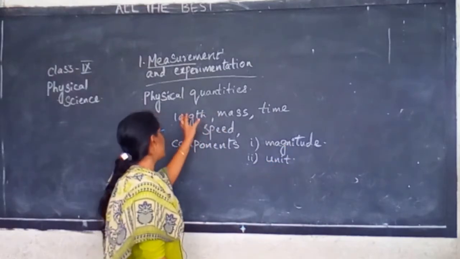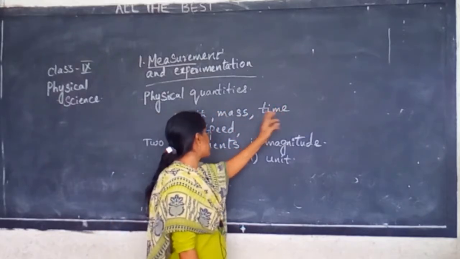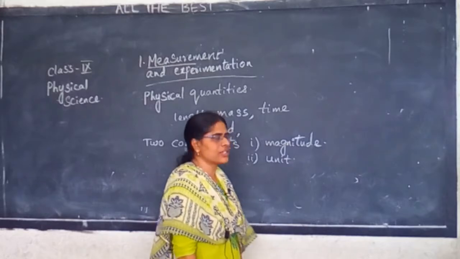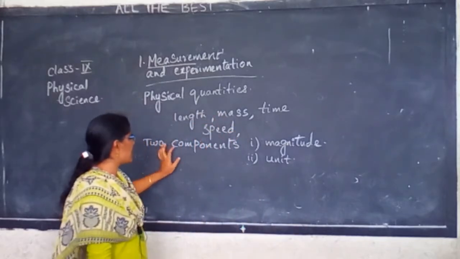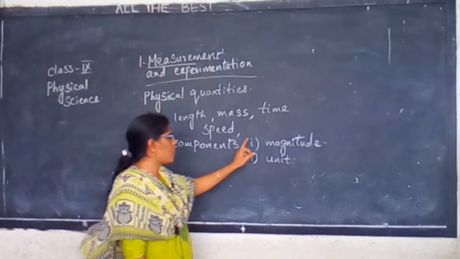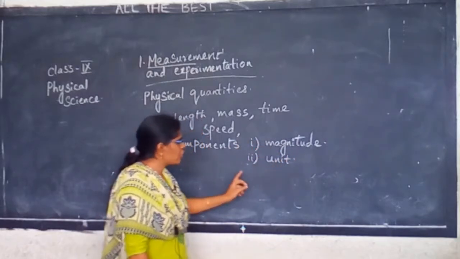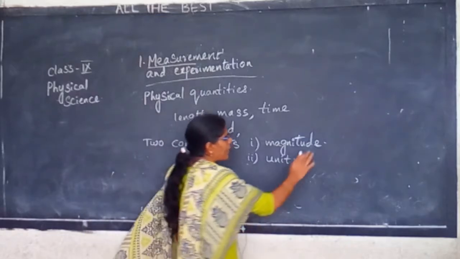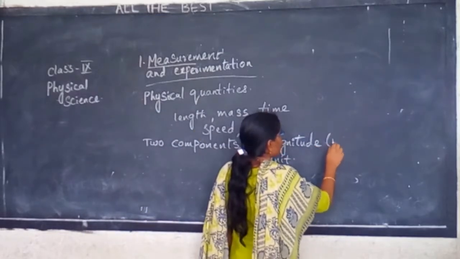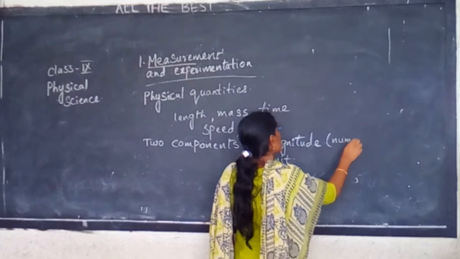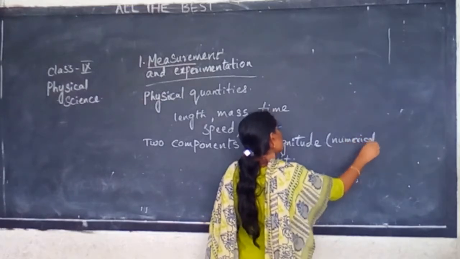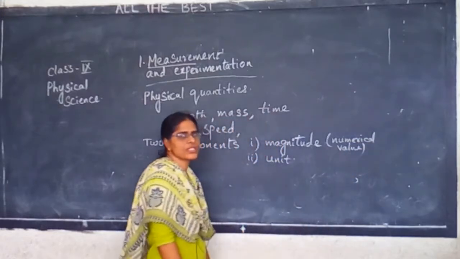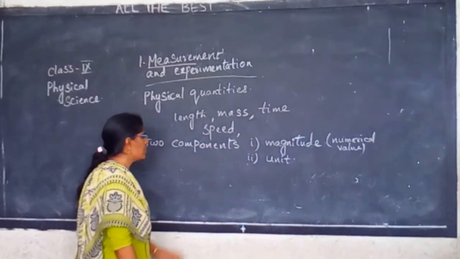Any physical quantity, either length, mass, time, speed, velocity, or acceleration, has two components: magnitude and unit. Magnitude you can also call a numerical value.